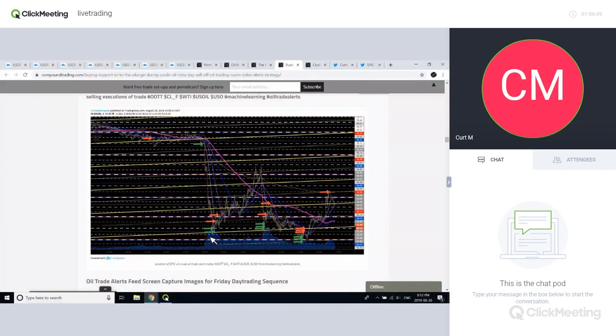The software is learning how to hold and release as it goes. A lot of our traders have reported that the alerts are really, really exceptionally good because of our machine learning of alerting the lows and the highs and the time cycles.